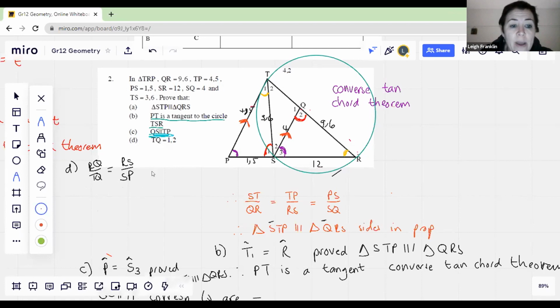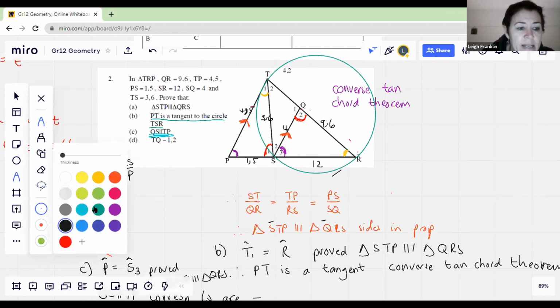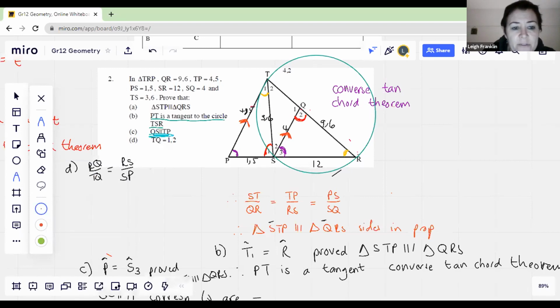So now let's go ahead and solve this. But before we move on, what do I need to write next to this? I have to write proportionality intercept theorem. And then I have to remember to name the parallel lines. So I've got to say QS parallel to TP.